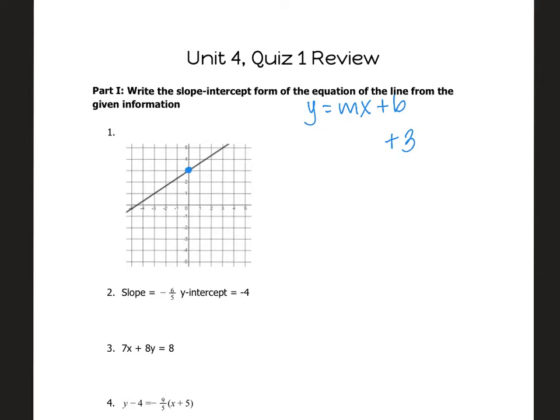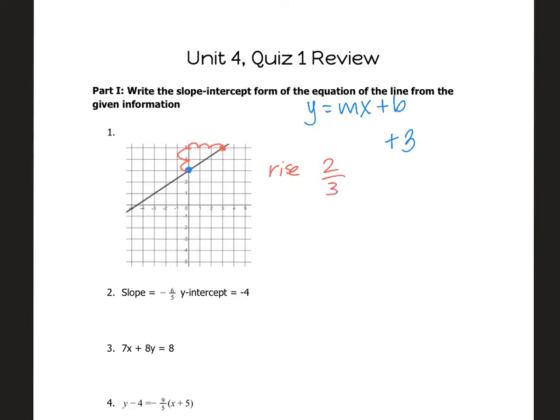And then in order to find our slope, we need to find 2 points, and I can use that point that I just created on the y-axis, the y-intercept, and then I'm going to use another point. I notice that if I go up 2, so my rise is 2, and I go over 3, then I get to the next point.